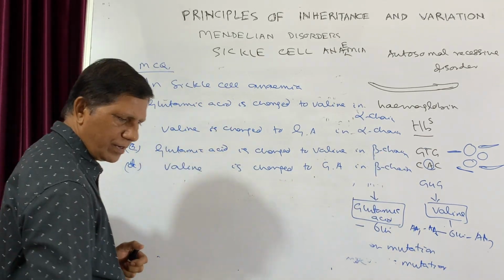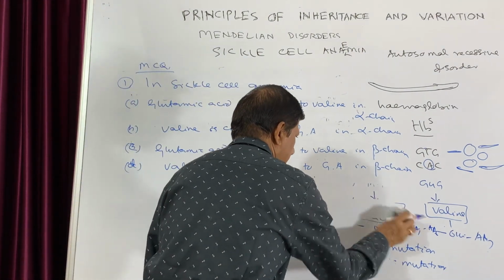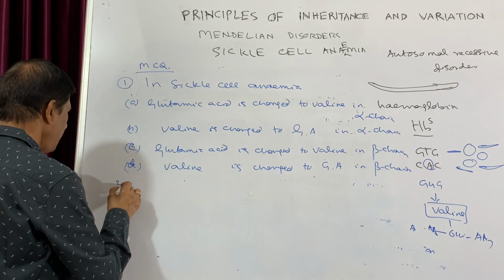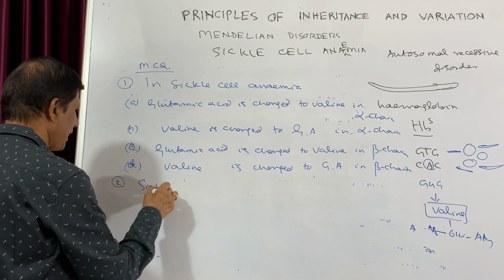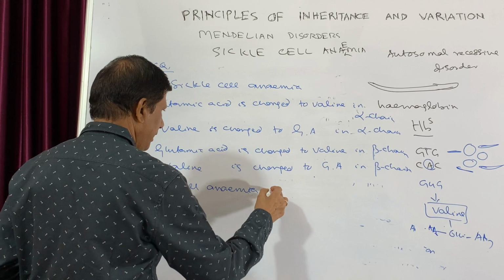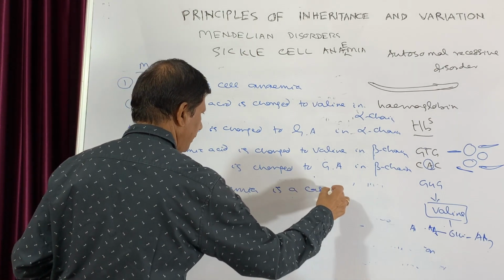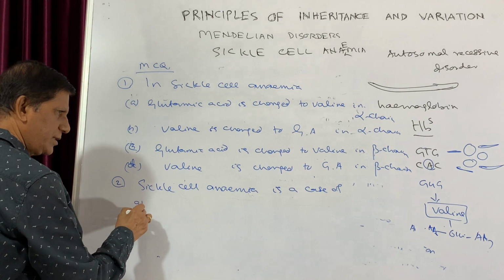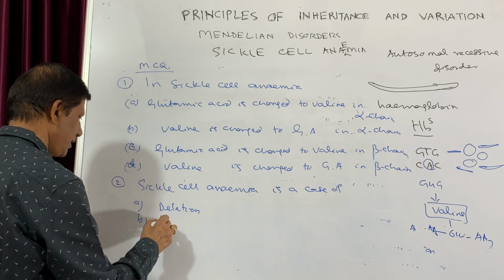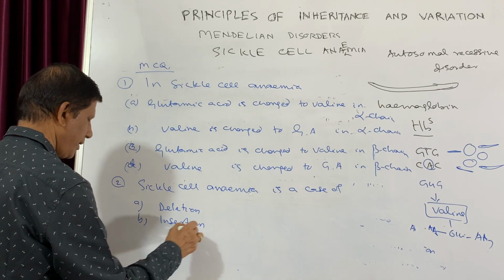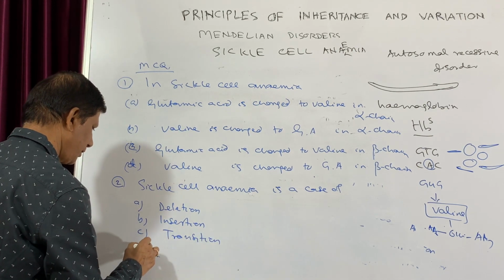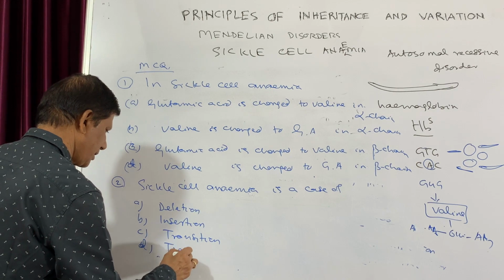This is one question. Now let us discuss the second question. The second question is, sickle cell anemia is a case of first choice deletion, second choice insertion, third choice transition, and fourth choice transversion.